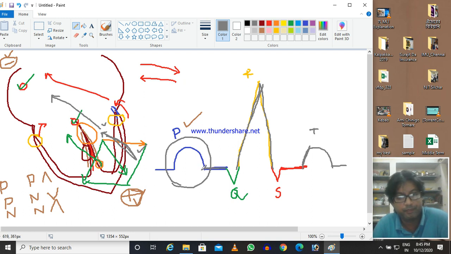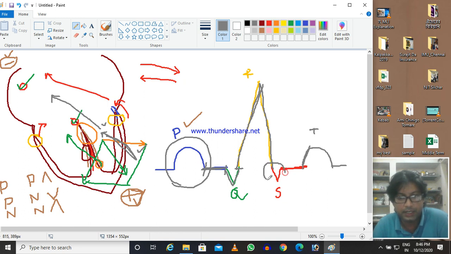Then there is an AV nodal delay, an AV pause. Then there is the depolarization of the septum in the bundle branch area. Then the depolarization of the ventricle.